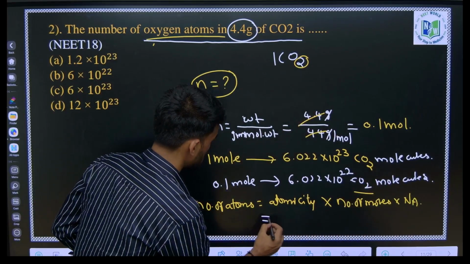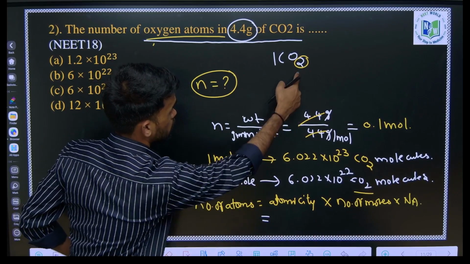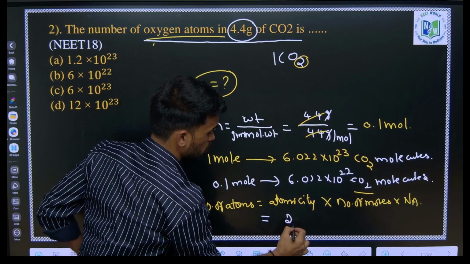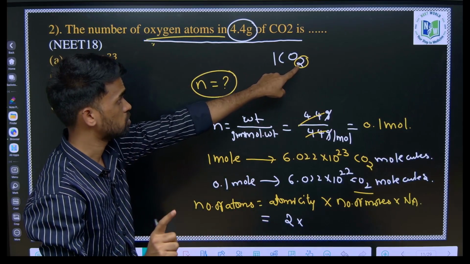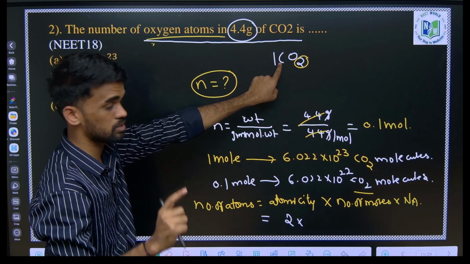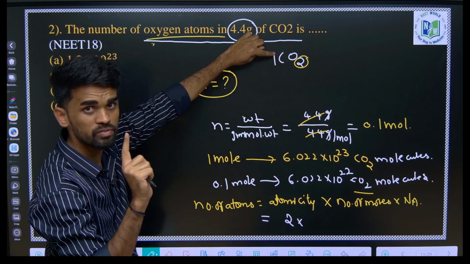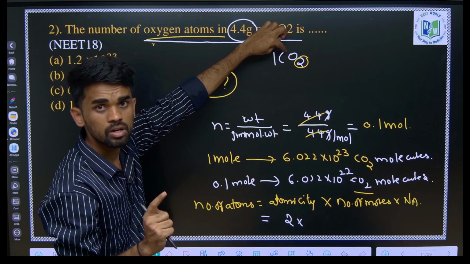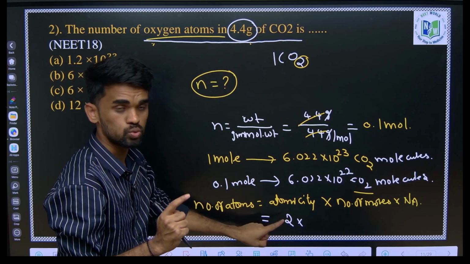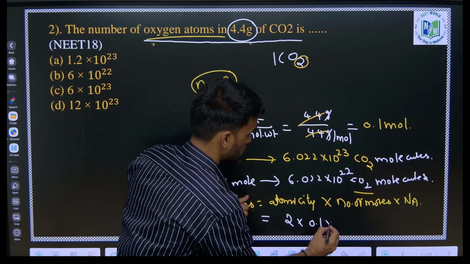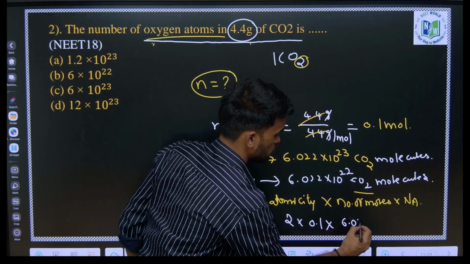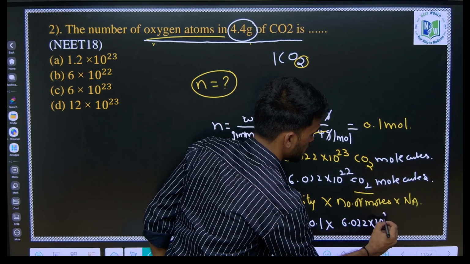So what is the atomicity for carbon? For oxygen it is 2, because they are asking about oxygen only. If they ask for carbon, it should be 1. But they are asking about oxygen, so you can write 2 into how many moles we got? 0.1 mole into Avogadro number, 6.022 into 10 power 23.